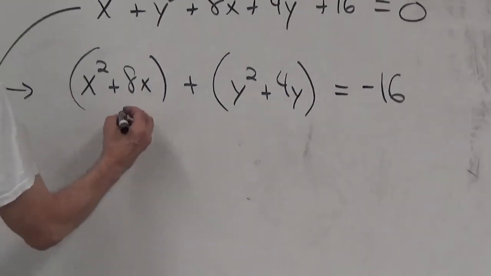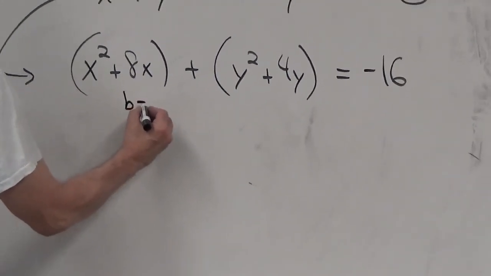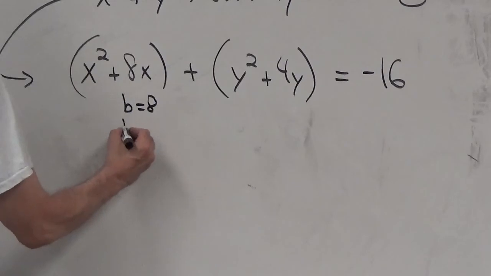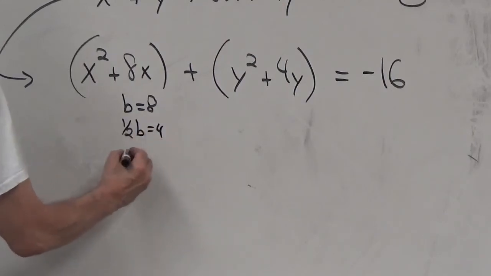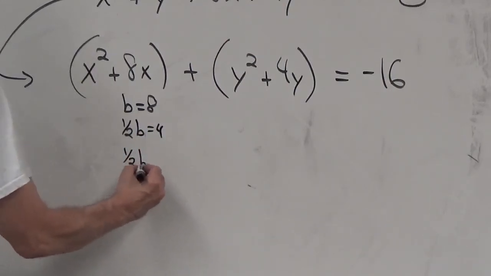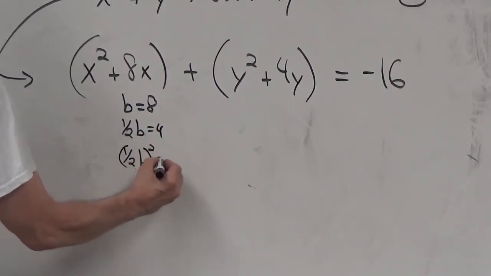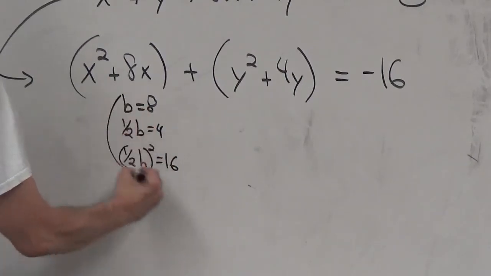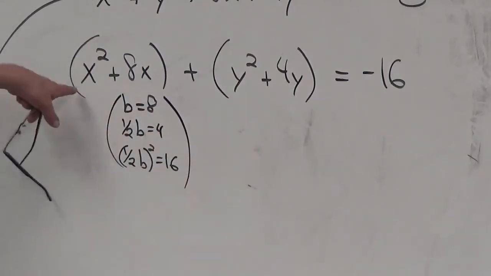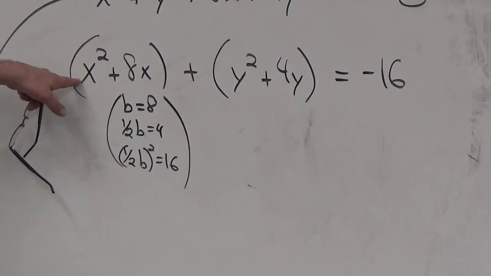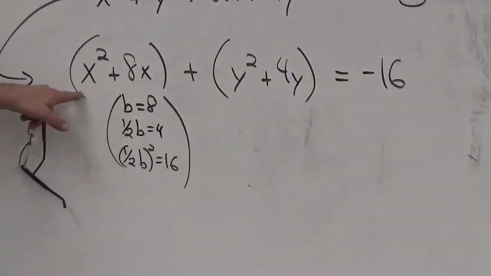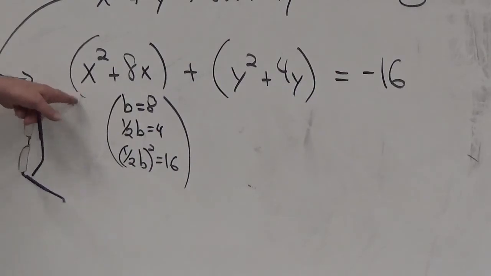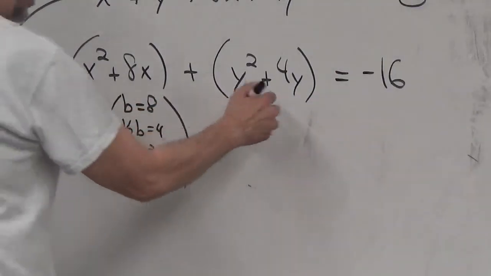So for this one, we say the b term is 8, half the b term is 4, and half the b term squared is 16. So that's what we're going to add inside here to create a perfect square trinomial. Now, of course, remember it's an equation, so whatever we do to one side, we have to do to the other side also. Then we do the same thing here.